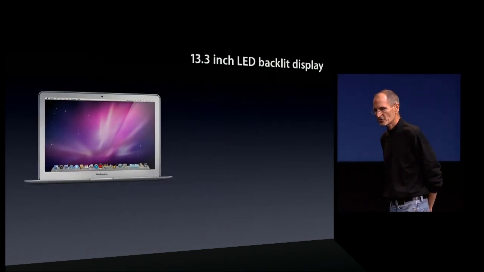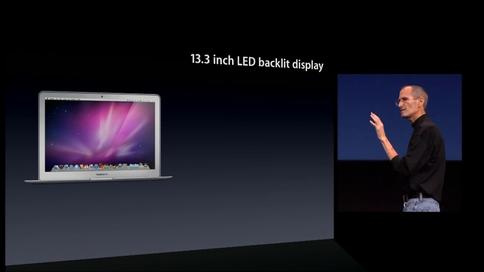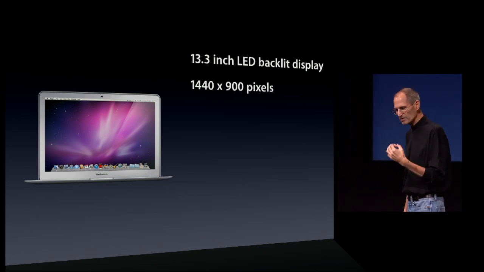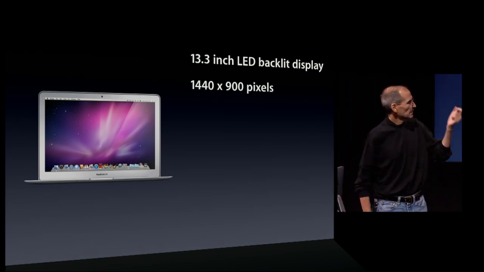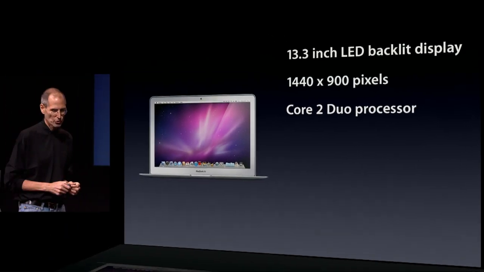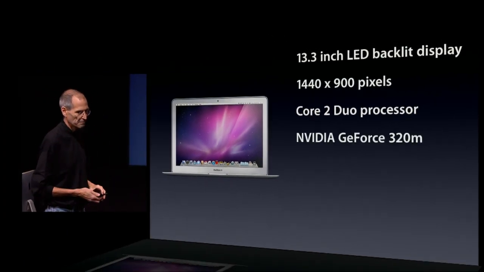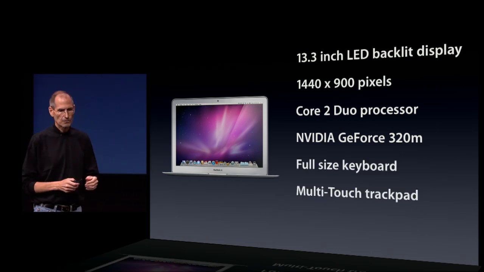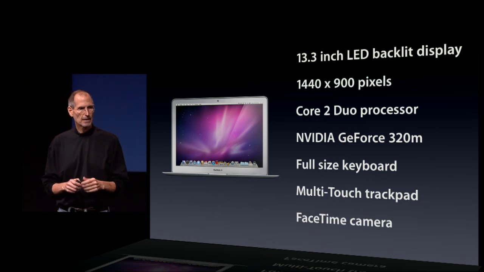The first thing is it's got a 13.3-inch LED backlit display, and it's a high-res display, 1440 by 900 pixels. This is more pixels than are on our 15-inch notebook today. More pixels than on the 15-inch MacBook Pro. It's got a Core 2 Duo processor, which is a fast processor for this class of machine, and great graphics, great NVIDIA GeForce graphics. Full-size keyboard, full-size multi-touch trackpad, and a FaceTime camera.